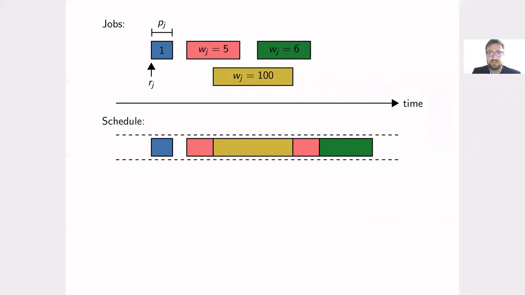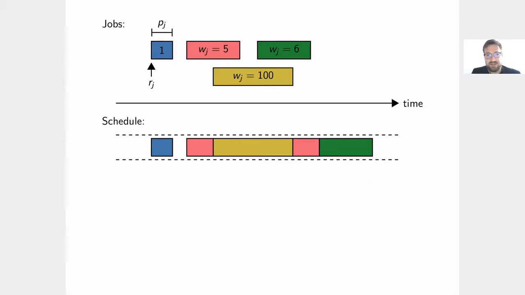We have only a single machine which can process only one job at a time, but the machine is allowed to preempt the jobs. This means it can stop processing one job and resume processing it at a later time.